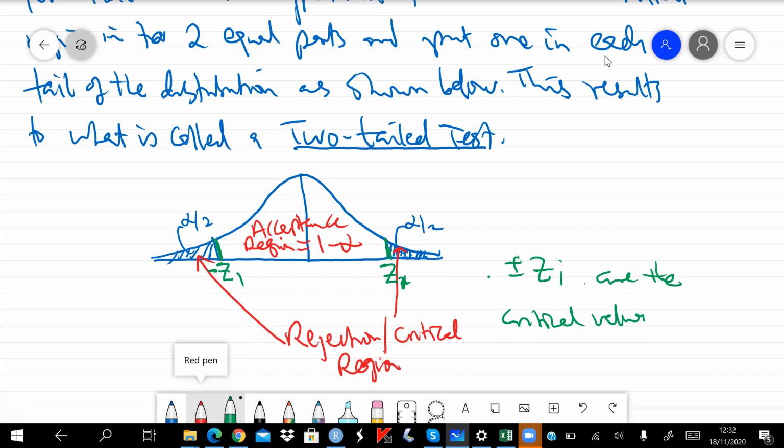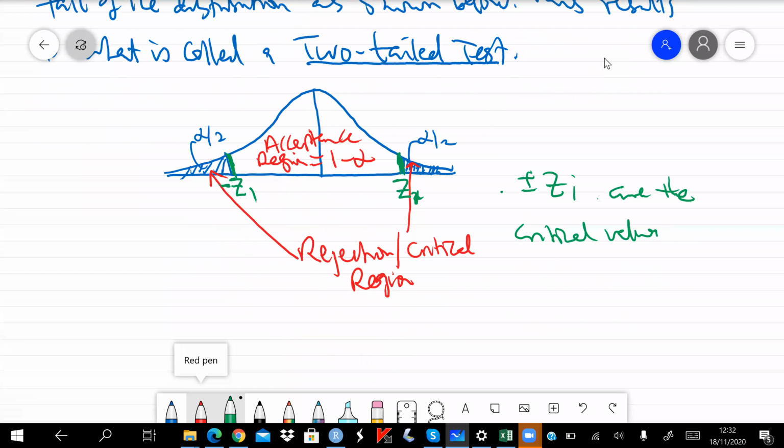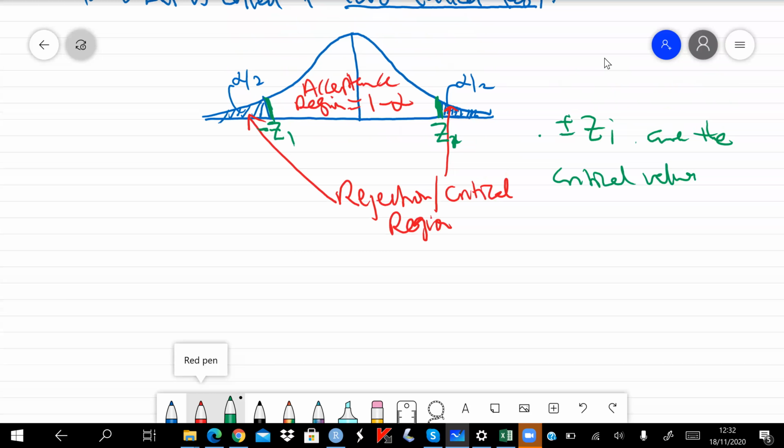These values are usually obtained from the tables. If you're using the standard normal distribution, you use the standard normal tables to obtain those values using the given percentages. So that's one possible interpretation of the wording of the problem.